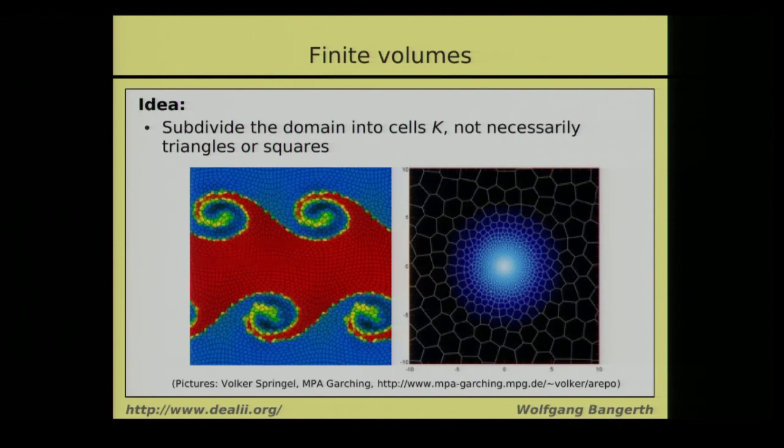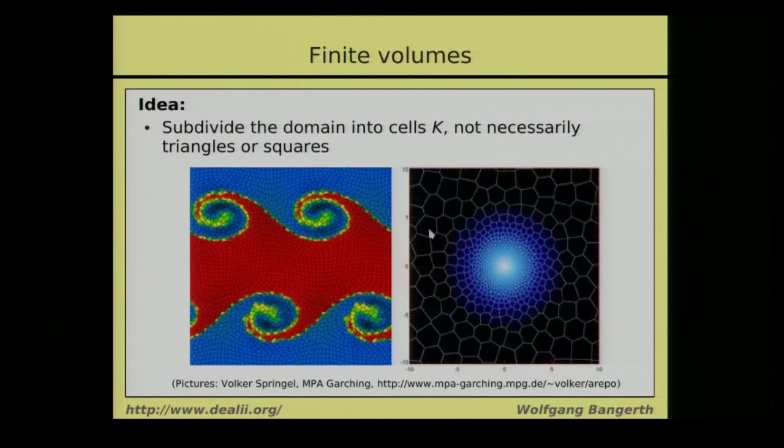So finite volume schemes start with the same domain as we had before, and they subdivide this domain into individual cells. For finite elements, we typically choose either triangles or quadrilaterals in 2D, and tetrahedra and hexahedra in 3D. For finite volumes, this is not actually necessary. Finite volumes can use any kind of subdivision.